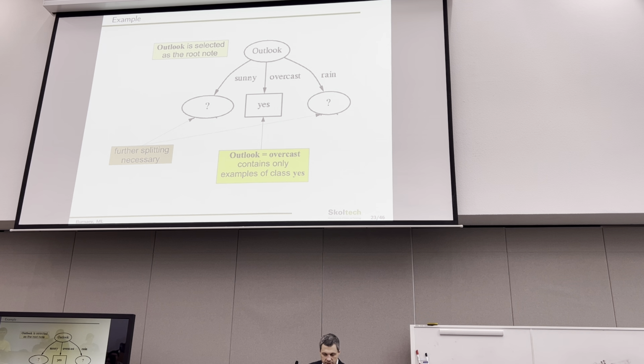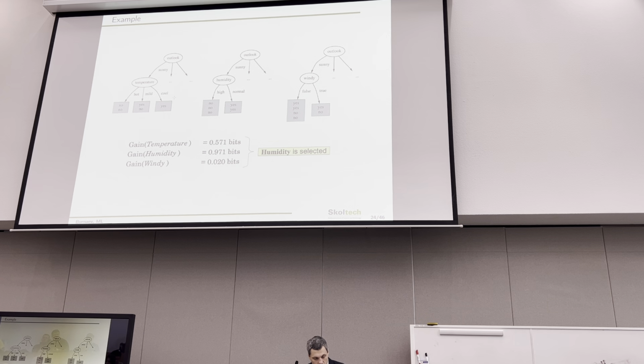But when the outlook is sunny or rain, this subset of data has some labels which are yes and some labels which are no. The situation is the same as before, and so these subsets should be further split. Then we select the next variable with respect to which it is most preferable to divide the subset we get in this node.